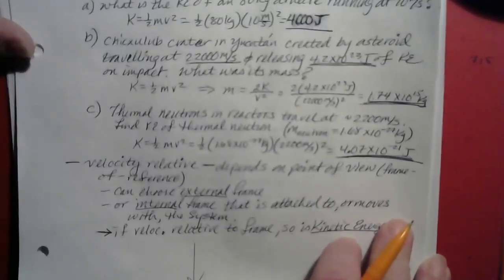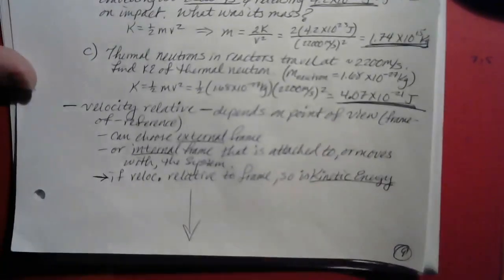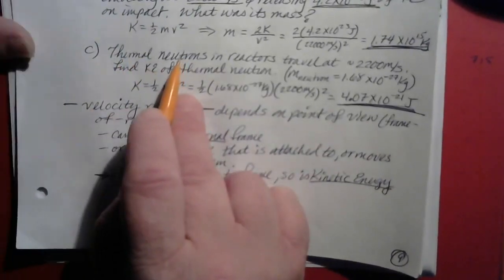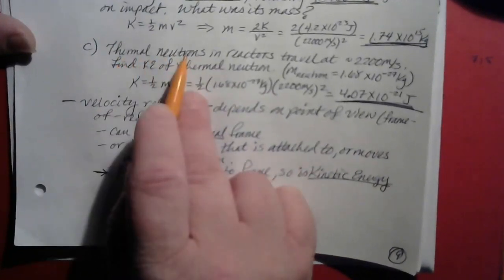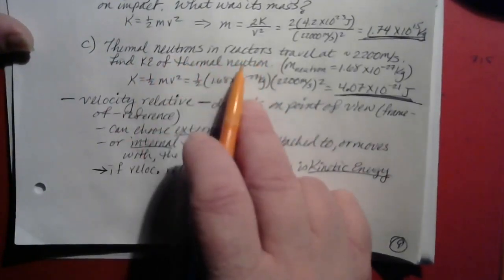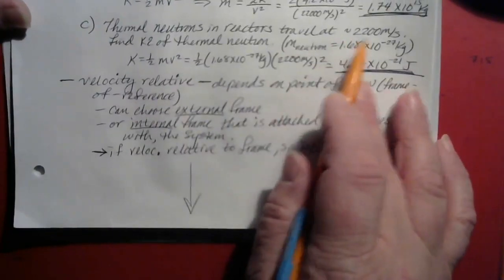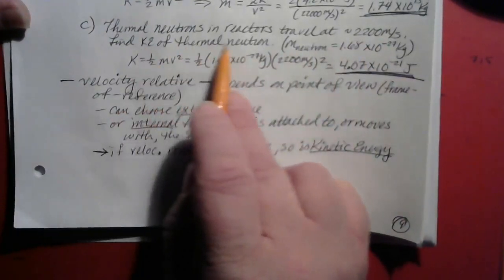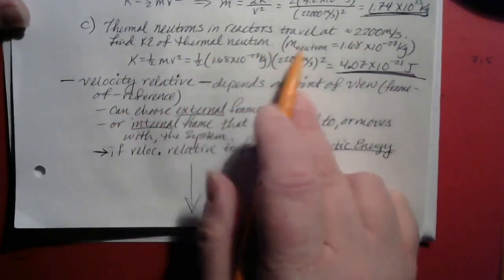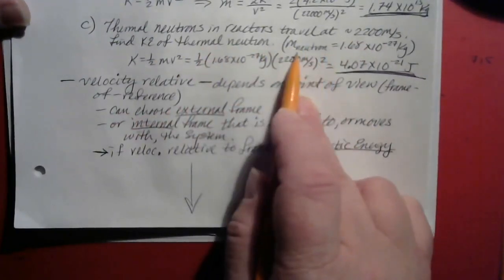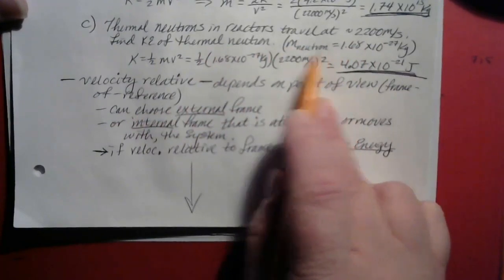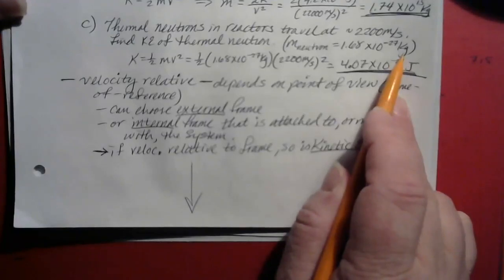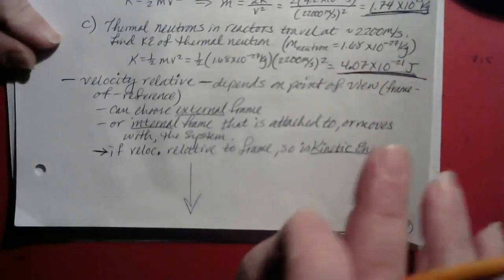Okay. Also, we've got a question involving much smaller quantities, individual neutrons that move around inside nuclear reactors. They travel at about 2,200 meters per second, and they want us to find the kinetic energy of one of those neutrons. The mass of a neutron, which I don't think they gave in the problem, but if you look it up, it's 1.68 times 10 to the minus 27 kilograms, because neutrons are really, really little.